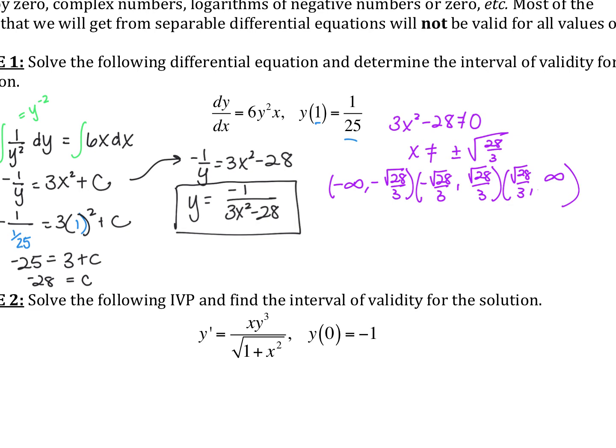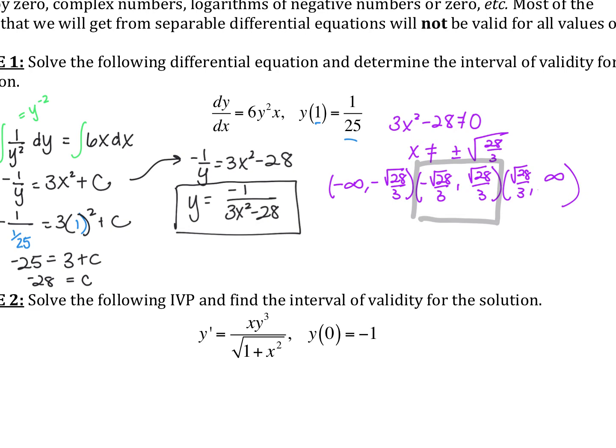I may or may not need all 3, but it all depends on that initial value of 1. Where does x equals 1 fall? That middle interval right here is the only one I'm concerned with for the initial value given.